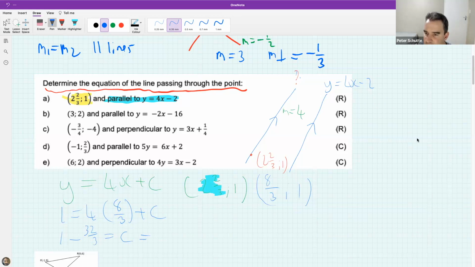The way it's 8/3 is if I convert 2 2/3, 2 times 3 is 6, 6 plus 2 is 8. So I just did that conversion. And then with this one, I went 4 times 8 is 32/3, but it had to all be moved to the other side. So what's my c value going to be?